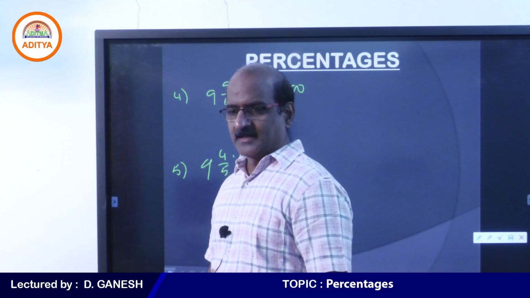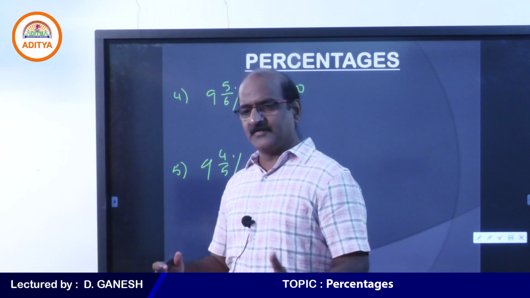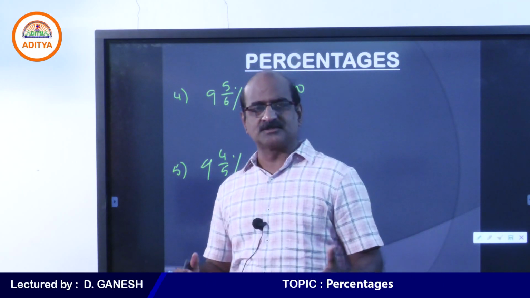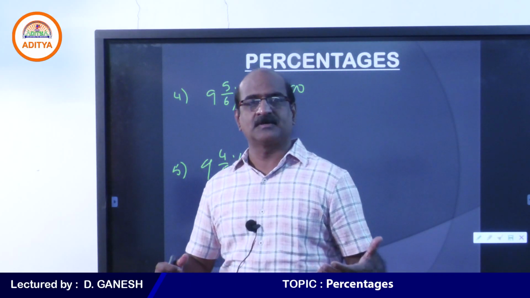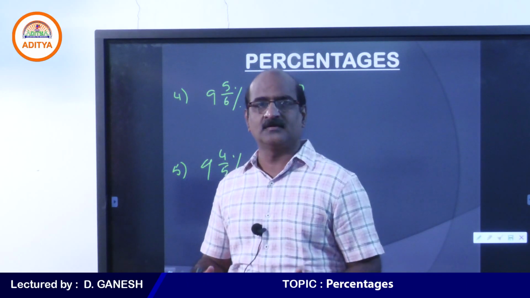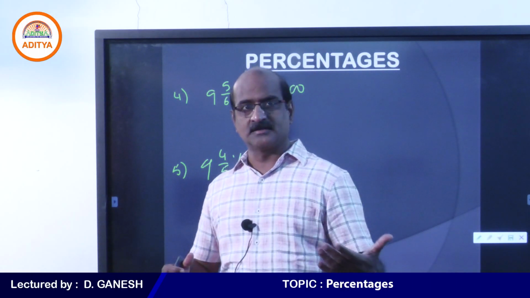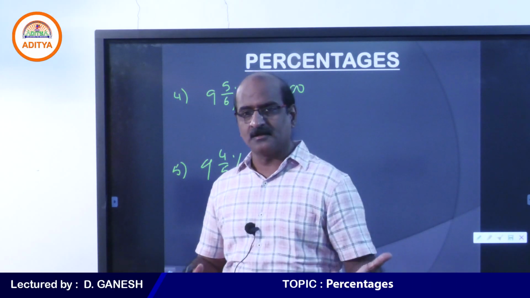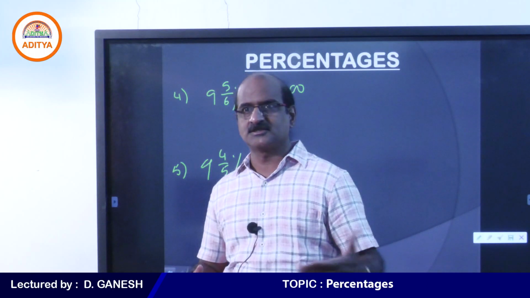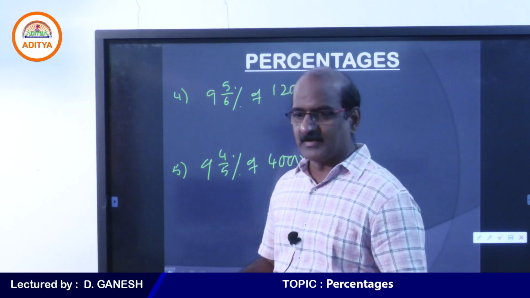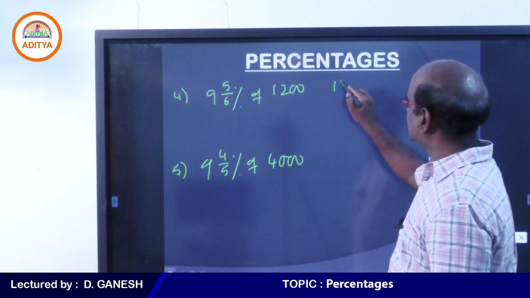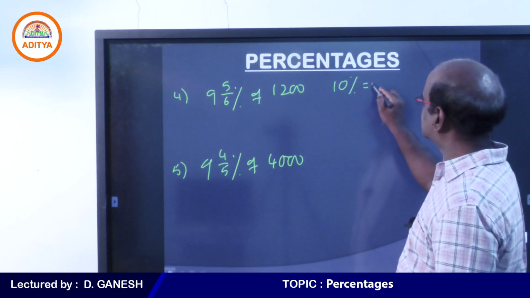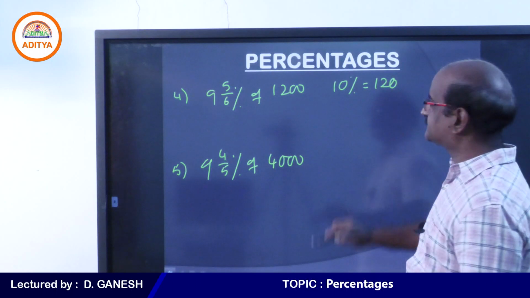When you are given this kind of question, it is very interesting, because 9 5/6% is practically very difficult to get if you go in a systematic way. There is no such need. We can easily handle this question like this. We find 10%. What is 10% of 1200?